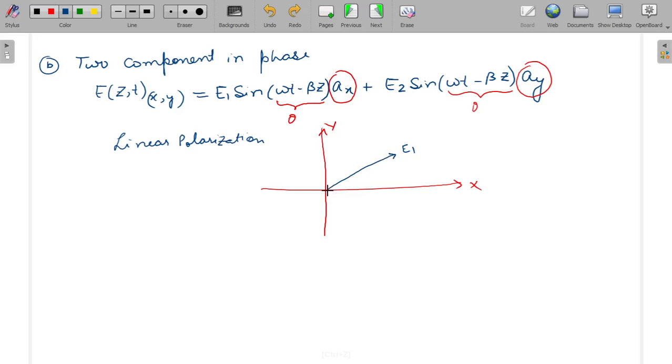Sorry for the wrong diagram. Just take it like this. Both are in the same direction.